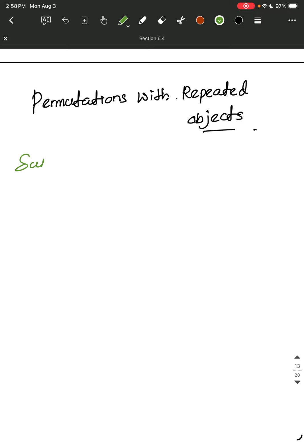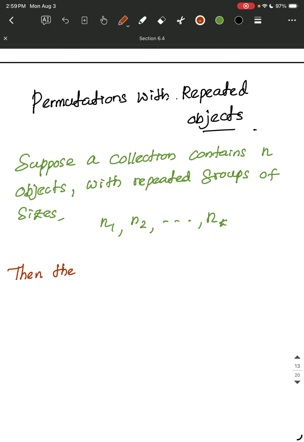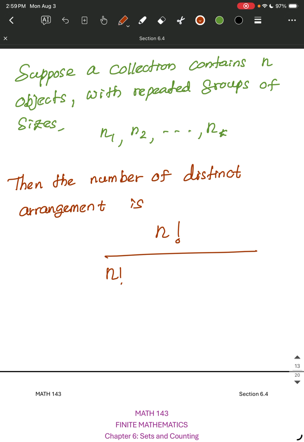Then the number of distinct arrangements is n factorial over n1 factorial times n2 factorial times up to nk factorial.